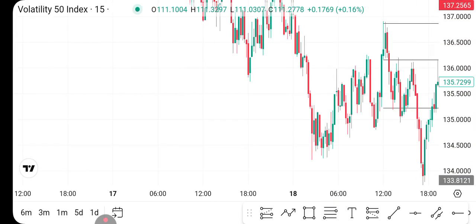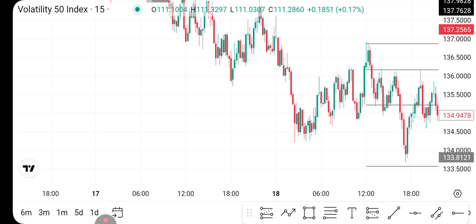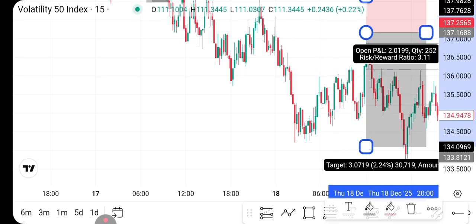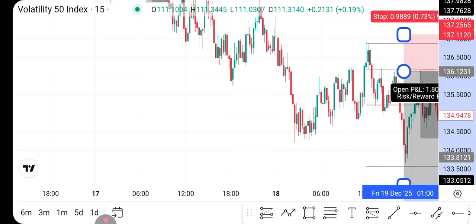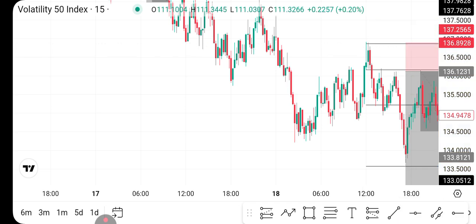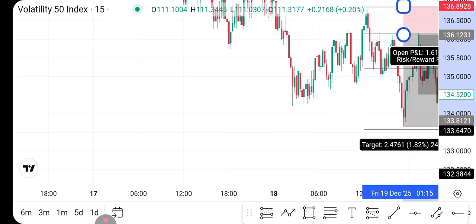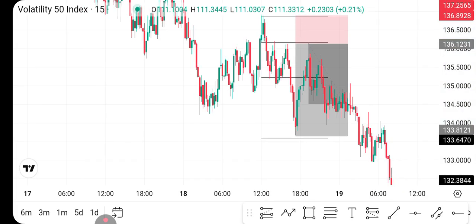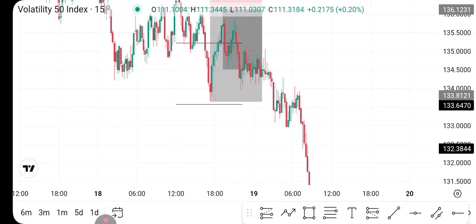Price did come to kiss this 70%, but market can still come back. But if you are taking your entry, you can just take it from there. Your SL should be here, then you're targeting the low. Just make sure your trades are at least 1:3.